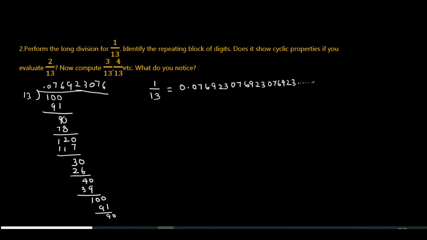Same like this, you need to perform for 2 by 13. You divide and find, divide and check. This will be the decimal for 2 by 13. Same, I did not do it like that; you divide and check it. So what will we be getting?